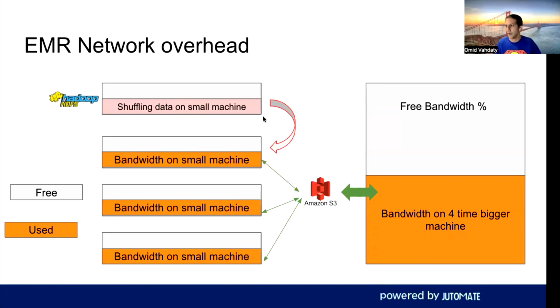So the data would start moving here to these 3 machines, therefore slowing everything down. So if you take 4 small machines and you take one machine, which is 4 times bigger, the bandwidth will be bigger and you'll have less overhead of network shuffling.